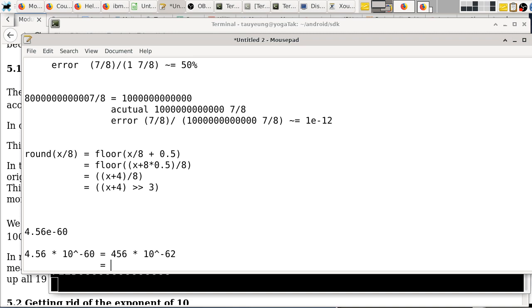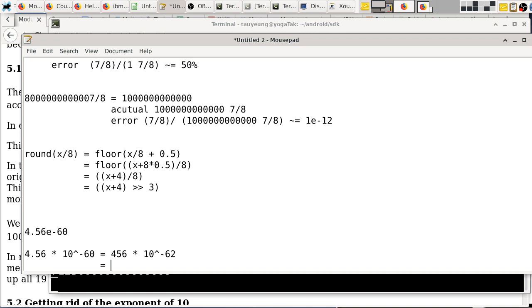But that wouldn't be very nice because we have a pretty small number to begin with. If you divide 456 by 10, your error is going to be 6 over 46 or so. That is not good. So what do we need to do? We want to make this as large as possible first before we do the division by 10.